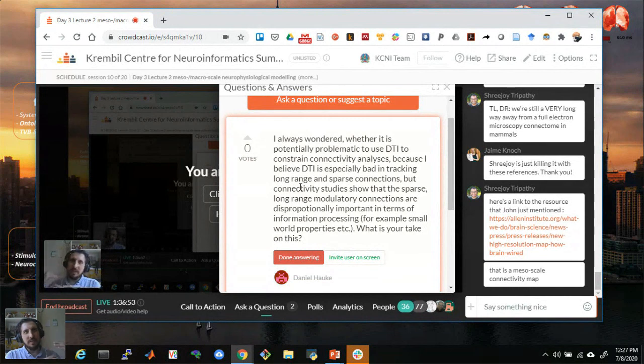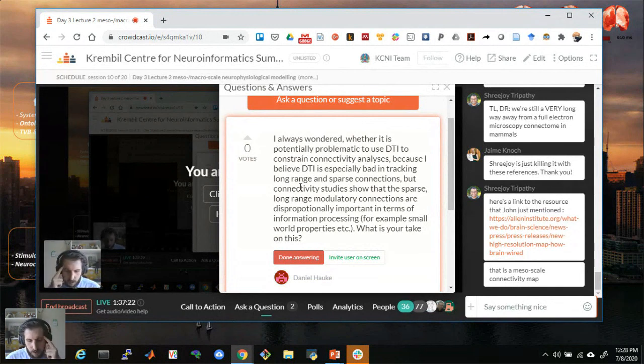So that's one of the limitations of the type of thing that you were describing, the sensitivity to extremely weak connections as a measurement technique. Now, in terms of what their influence is for brain structure, your question about small world organization is an interesting one, and it really depends what you're trying to describe.